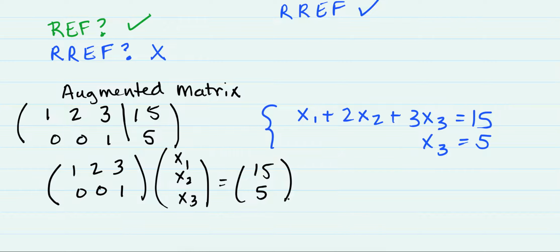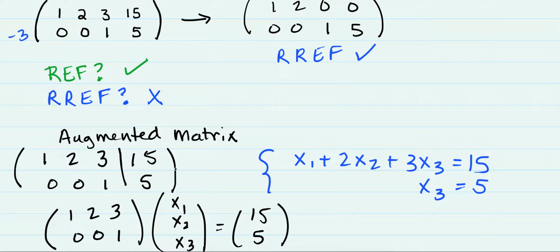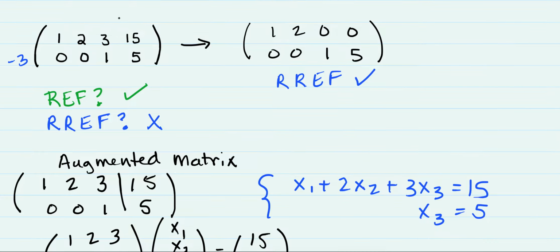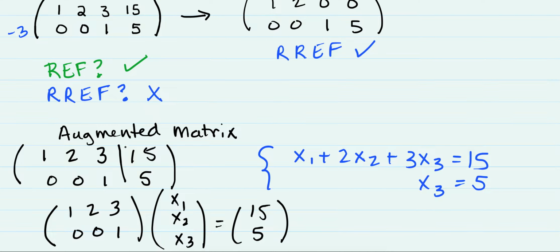So when we see an augmented matrix and we're asked to put it into row echelon form or reduced row echelon form, we do exactly what we've done before, like with this matrix without a line. We just ignore the line. And then when we put it into row echelon form or reduced row echelon form, then we think about linear systems. So just ignore the line the whole time, and then use the line when you're trying to find the solution to the system.